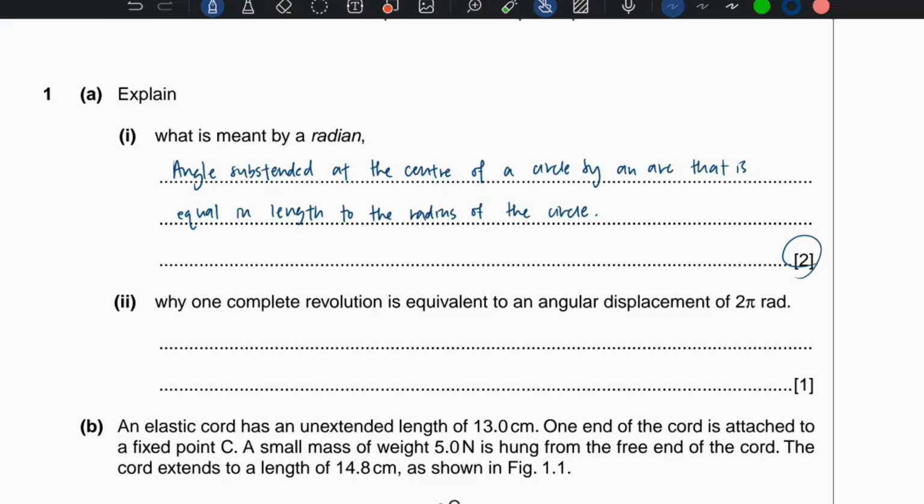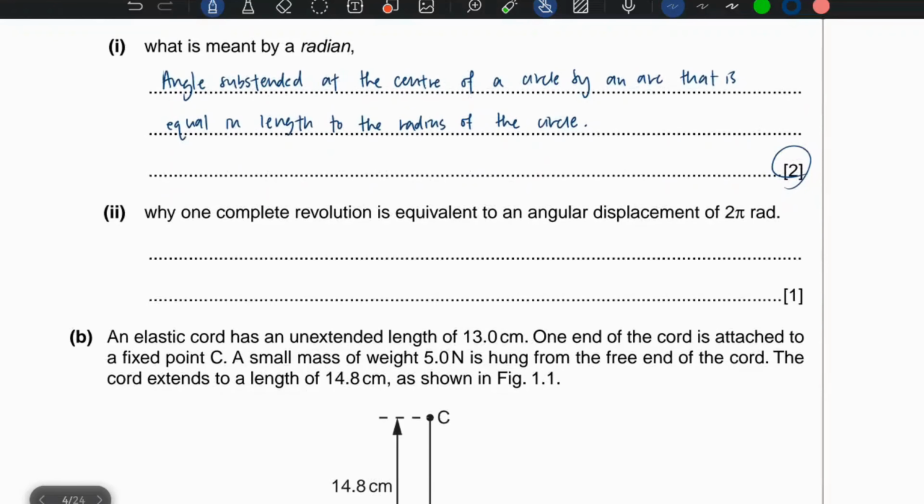Roman 2. Why is one complete revolution equivalent to an angular displacement of 2 pi radians? Okay, we know the length of an arc has a formula of S equals R theta, right? So if you make theta the subject, you'll get S over R. Just normal maths, you rearrange and you get theta equals S over R. So we know that for one complete revolution, S equals 2 pi R. Why?